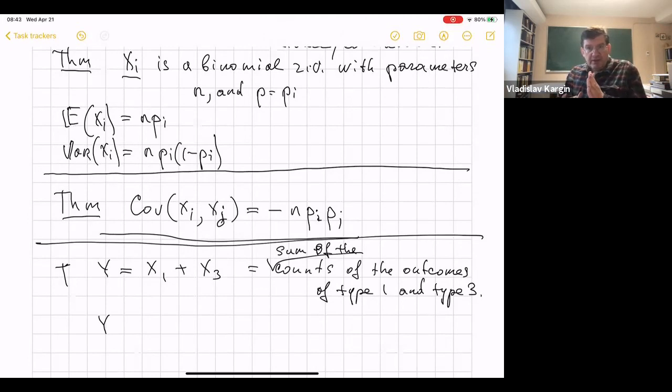It's the count of the outcomes of type 1 and type 3. You can think about it this way: if you observe an outcome and it is either of type 1 or type 3, then it's a success. If it's anything else, it's a failure. And you count the number of successes, the number of times that you observed either an outcome of type 1 or an outcome of type 3.